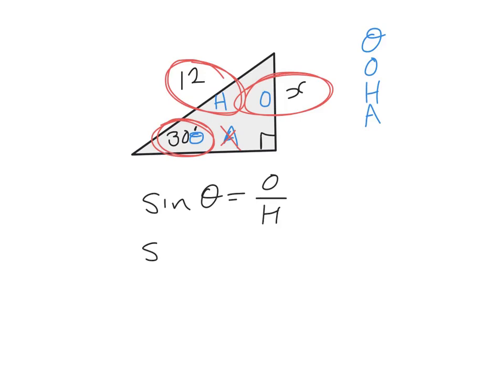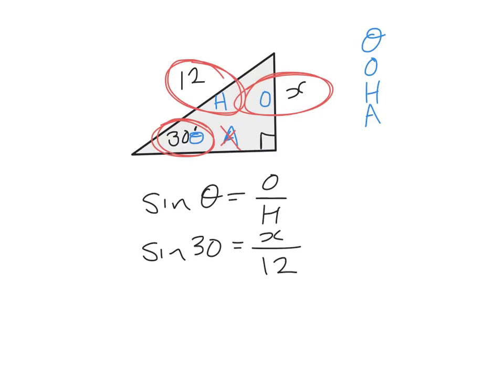So sine 30 equals, what's the opposite this time? X. Good. So that goes up there, and the hypotenuse is 12. We're actually almost there. The catch is X is what we want to find, but currently X is being divided by 12.